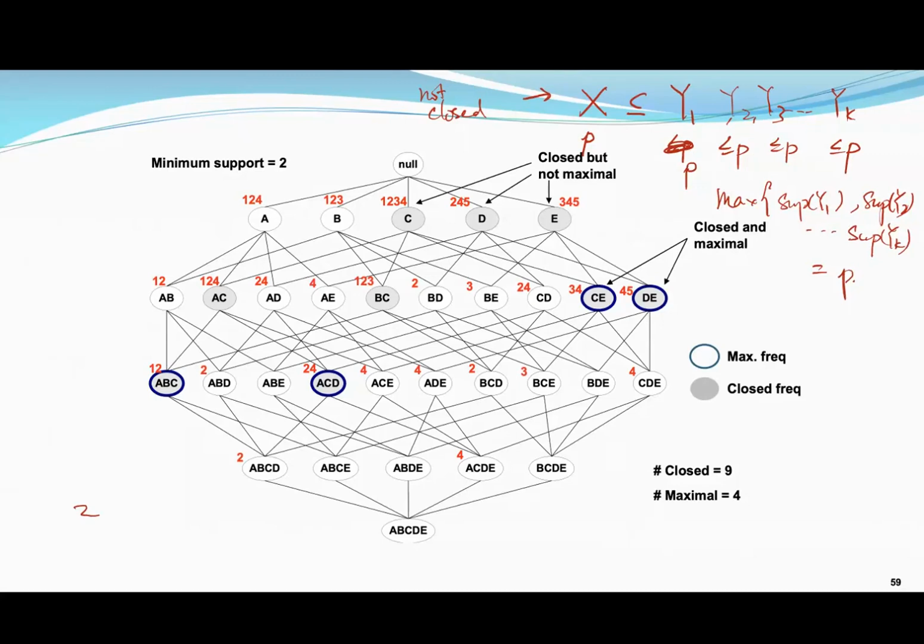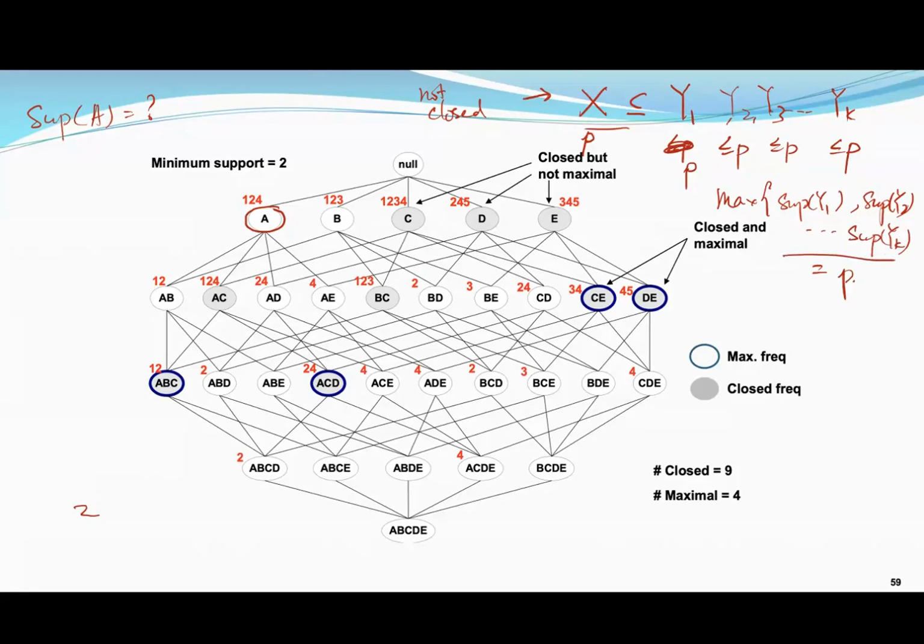So now let us go back to our previous discussion. I want to know the support count of A. What is it? I notice that A is not closed, so its support count has not been recorded. And we can determine the support count of A by this observation.